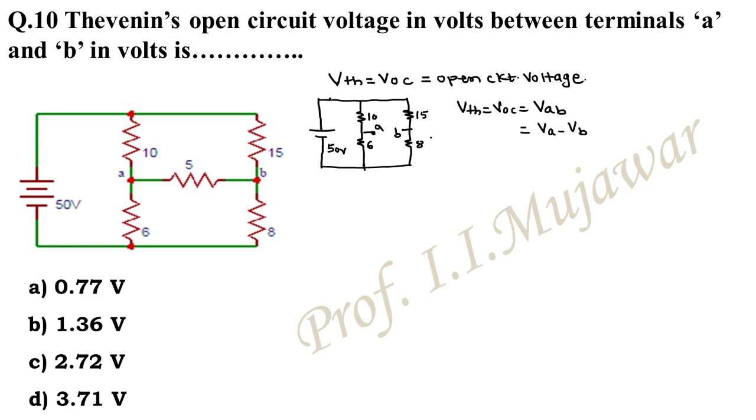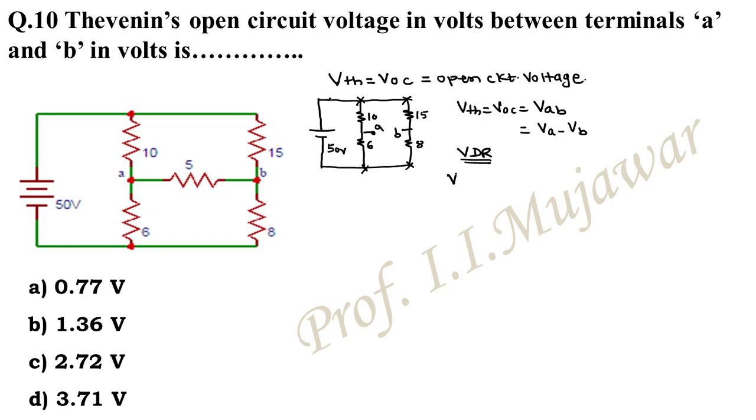Now if you look at the circuit, this 50 volt is available here with respect to ground. At the same time 50 volt is available at this point with respect to ground. This 10 and 6 are in series, 15 and 8 are in series. That means here we can use the voltage divider rule.